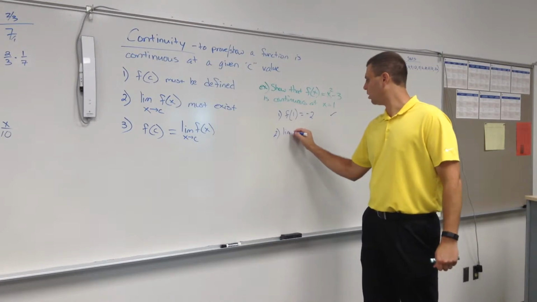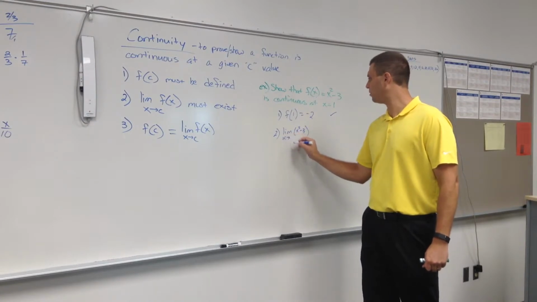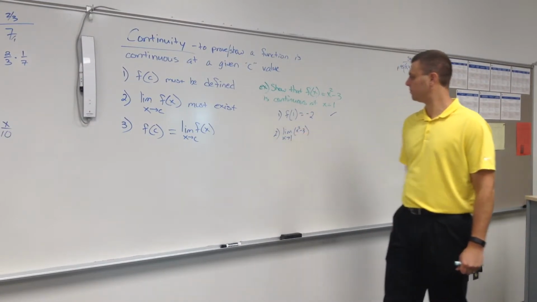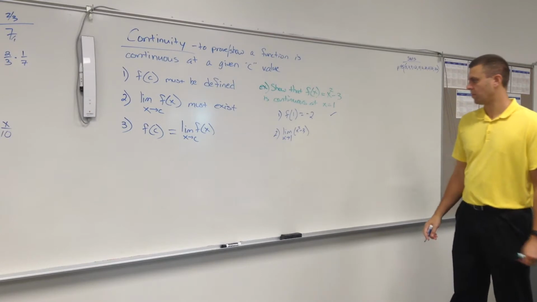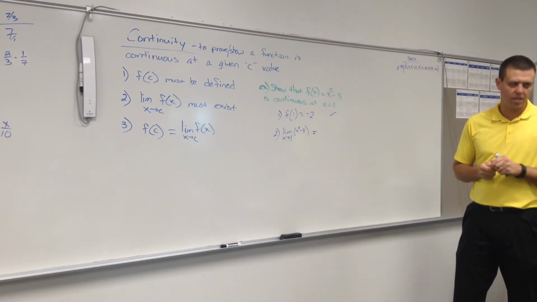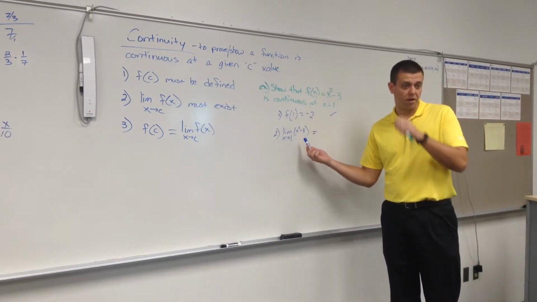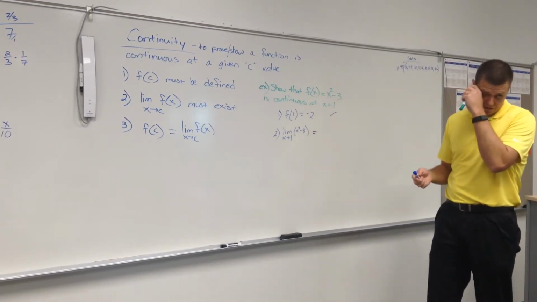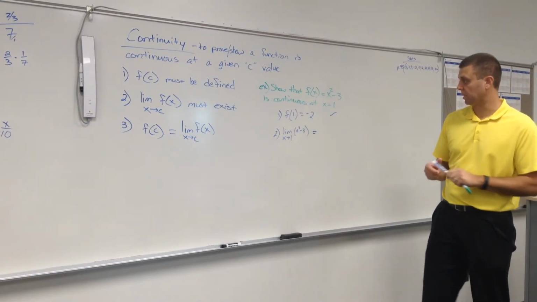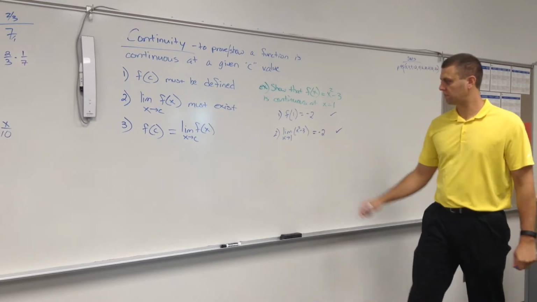Step 2, what is the limit of the function as x approaches 1? Well, we talked about how to evaluate limits analytically. If possible, we just take this number and substitute it in to get our limit, which we can here. And again, we get negative 2. So the limit exists.